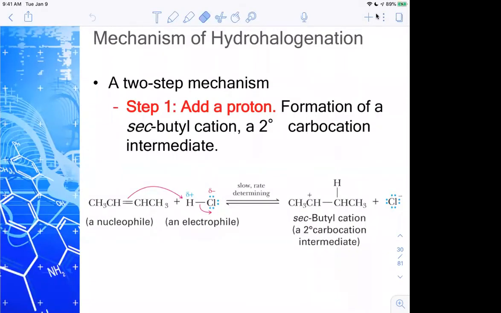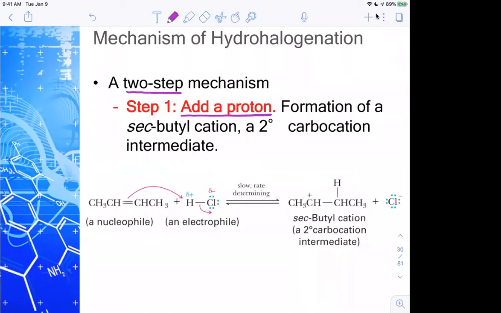So let's start. I'm going to share my iPad, and then we're going to look at the mechanism of hydrohalogenation. I have a two-step mechanism, and the first step is going to be adding a proton.